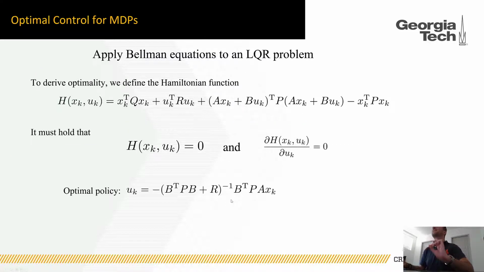And then based on that, I can find what is my optimal control, my optimal policy, and then if I put this back into the Hamiltonian, then the Hamiltonian is equal to 0. In the nonlinear system, this becomes the Hamilton-Jacobi-Bellman equation, and in the linear system, this is just the Riccati.